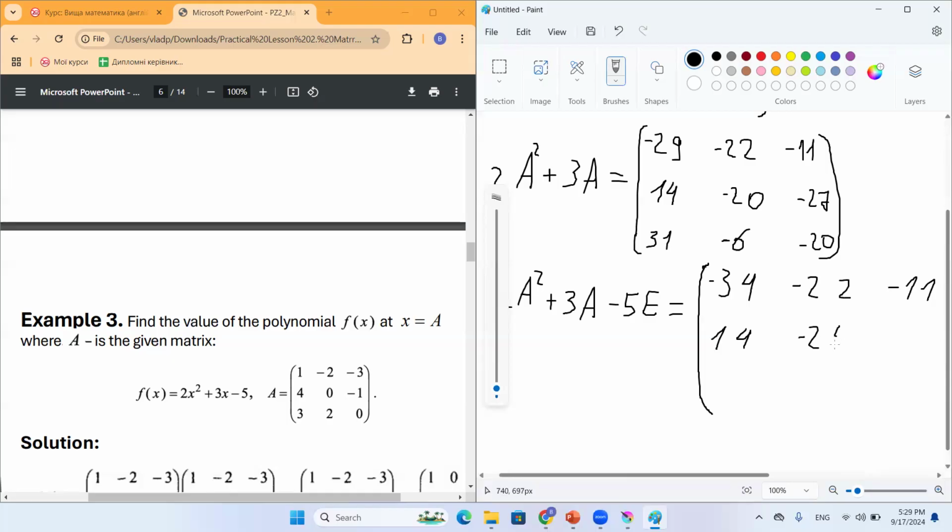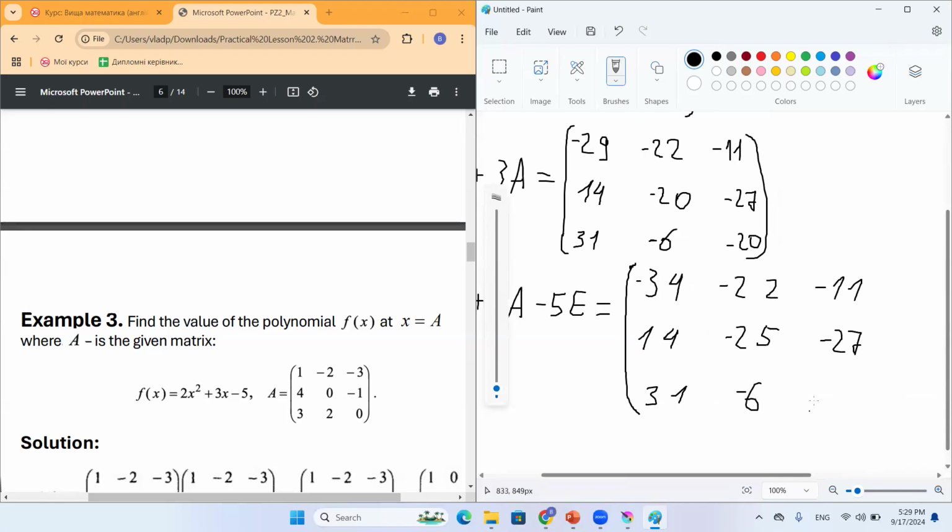Yeah, okay, answer together. So -27, nothing changes. And here. And here. And what is the last element? -27.